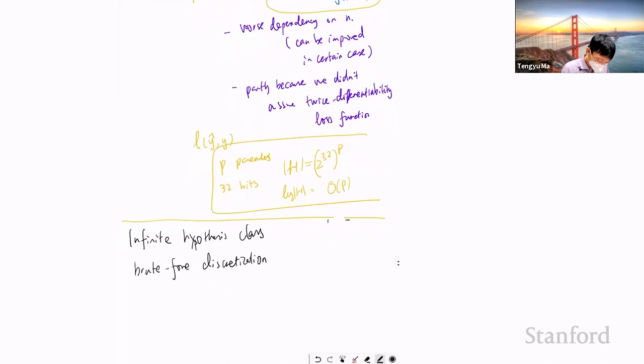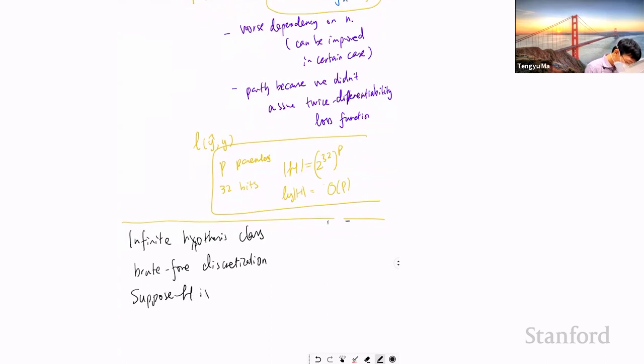What you can do is the following. Let me state the theorem that I'm going to prove first, and then I can tell you the intuition and how to prove it. So this is a theorem.